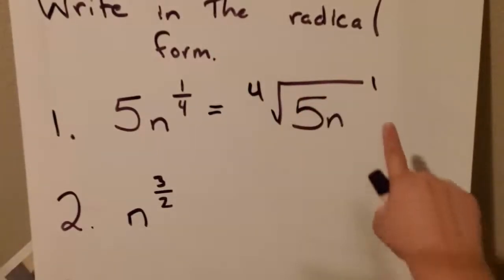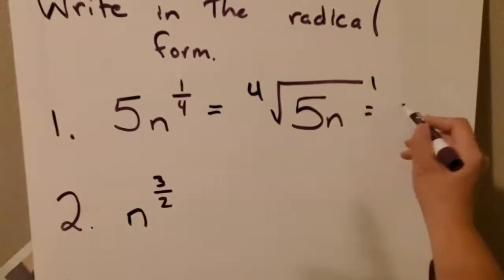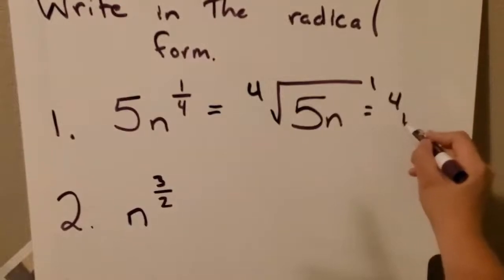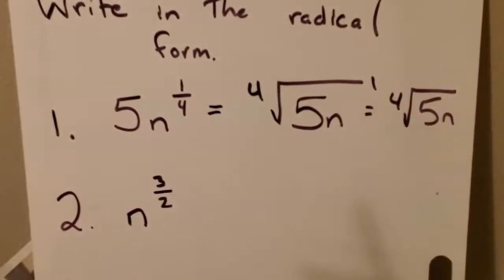You don't have to write this 1. If you do, it doesn't change the value, but it also equals the fourth root of 5n, even if you leave that 1 off. So let's look at the second one.